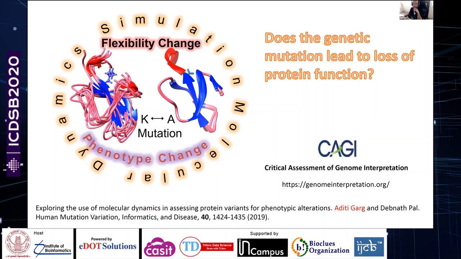In this Olympiad, you are given proteins and their mutants, and you are asked to tell which of these mutants are altered, so there's an altered phenotype. So the question is, does the genetic mutation lead to loss of a certain kind of function? That's the whole point.